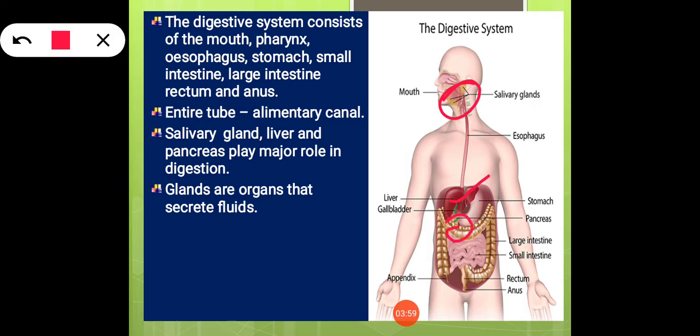So these are the glands which play a major role in digestion.